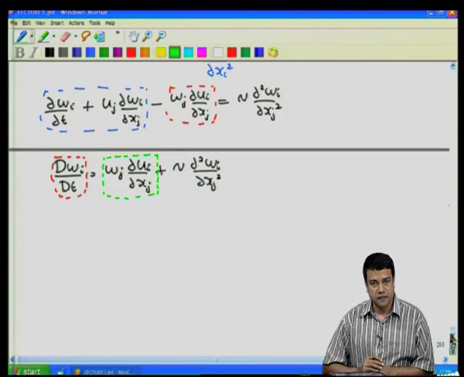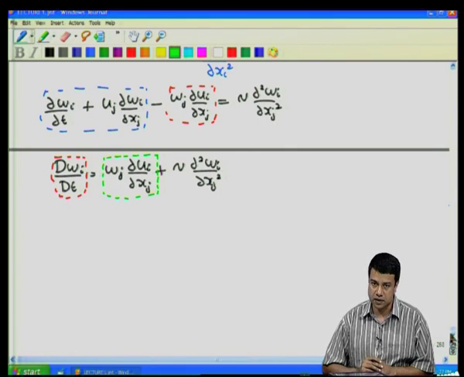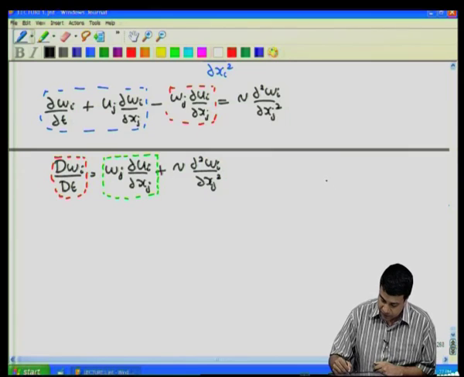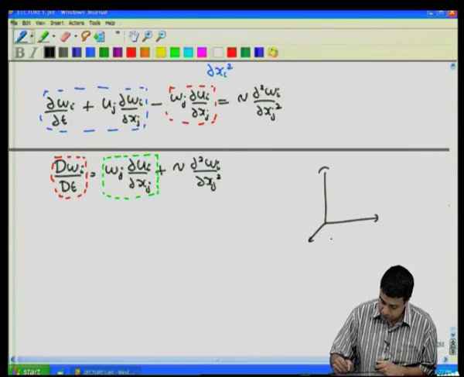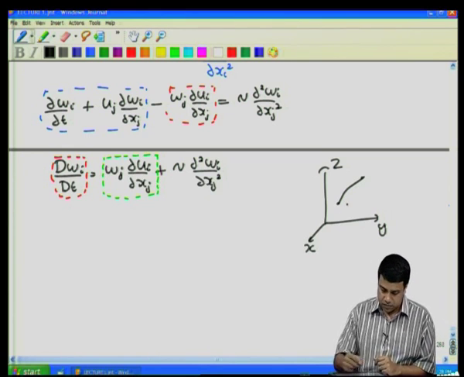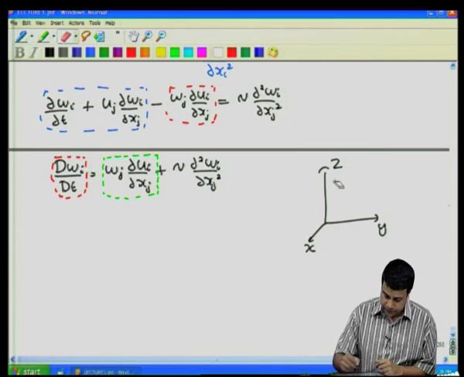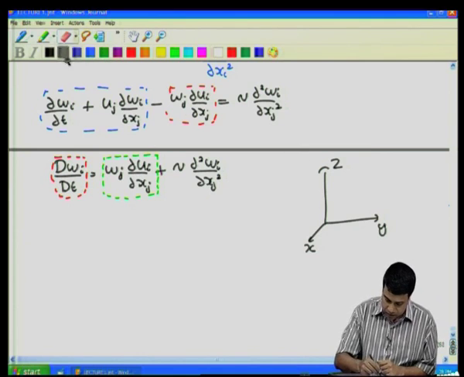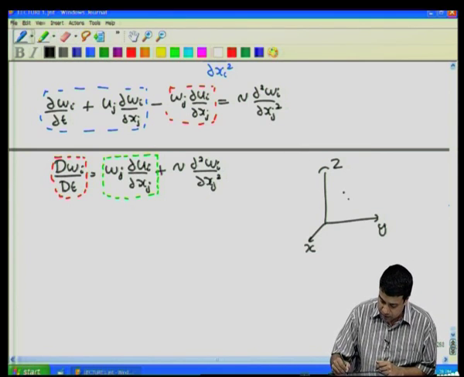To try to make sense of that, one can draw an analogy between the stretching and bending of material lines within a fluid. So, you have a fluid flow, and I have a fluid material element of distance delta x.